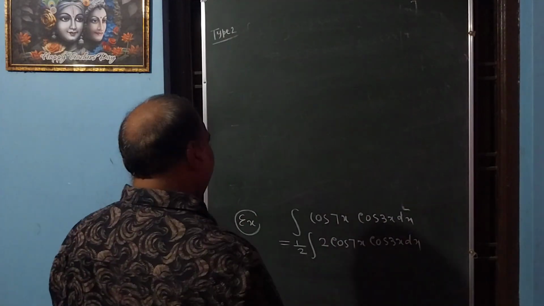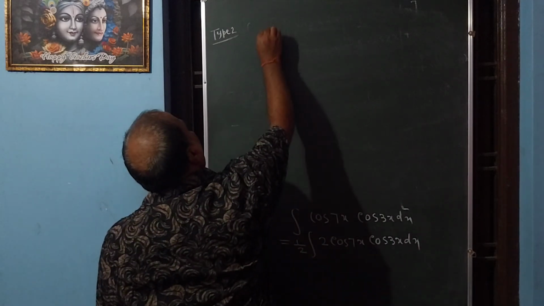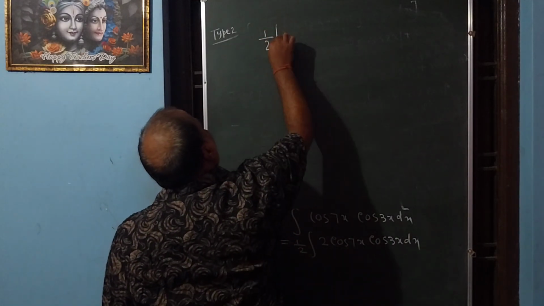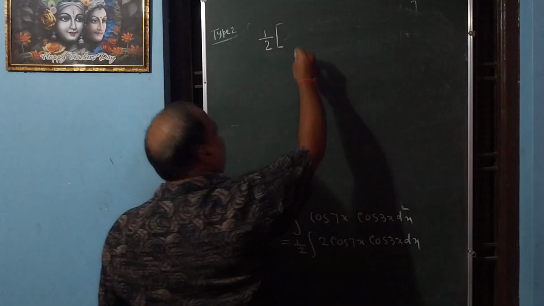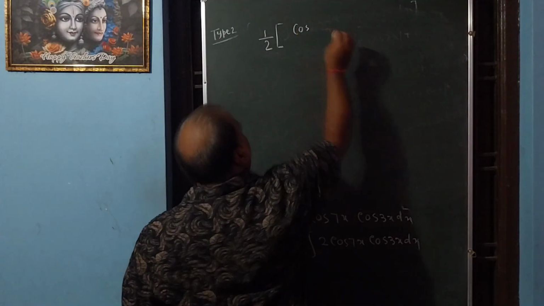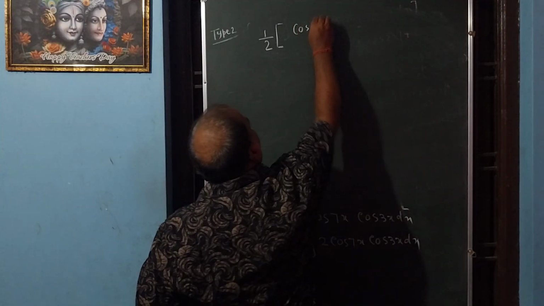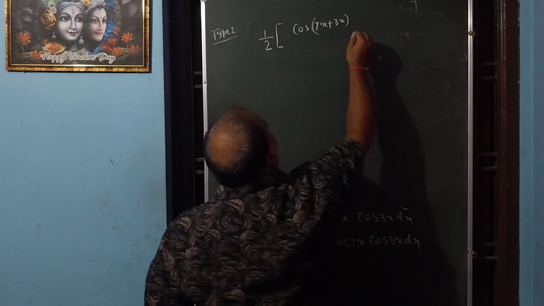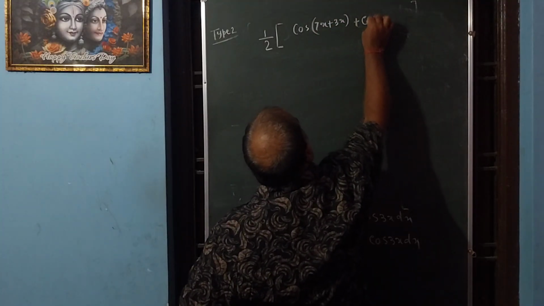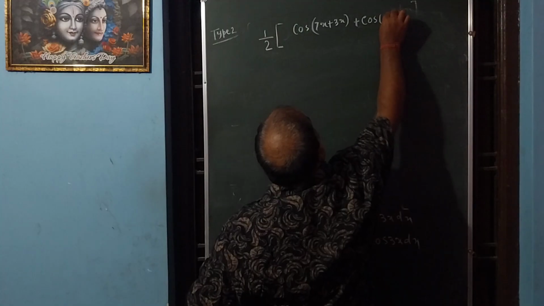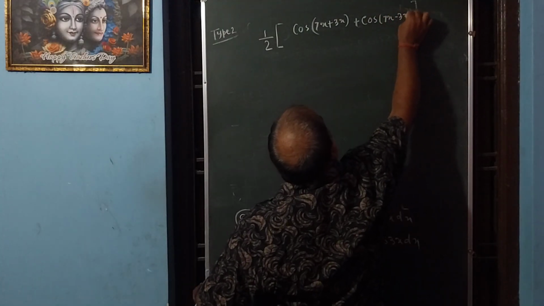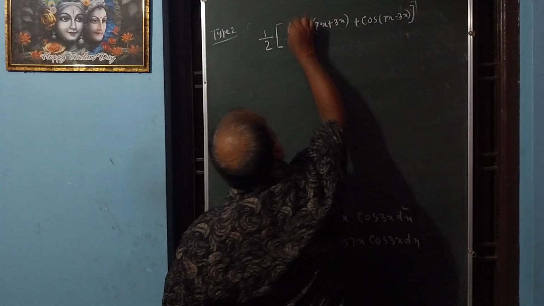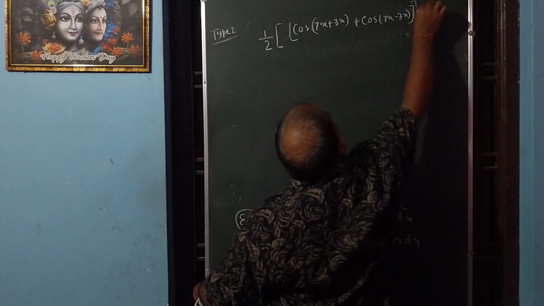So we get 1 by 2 cos (alpha plus beta), 7x plus 3x, plus cos (7x minus 3x) whole into dx.